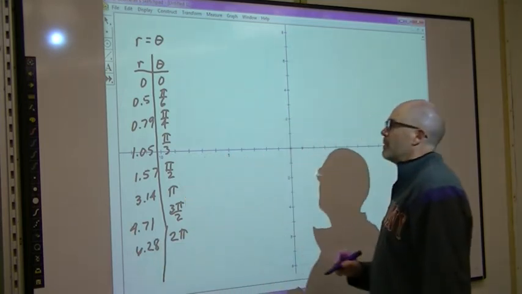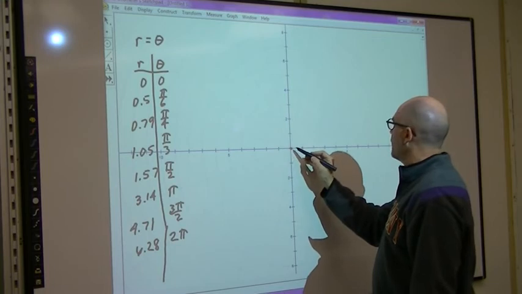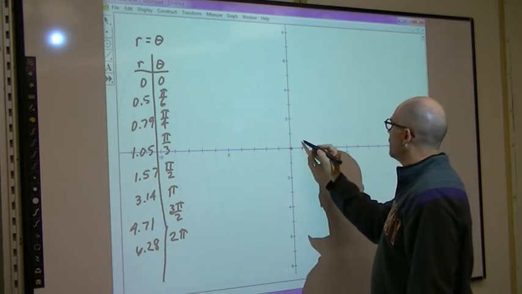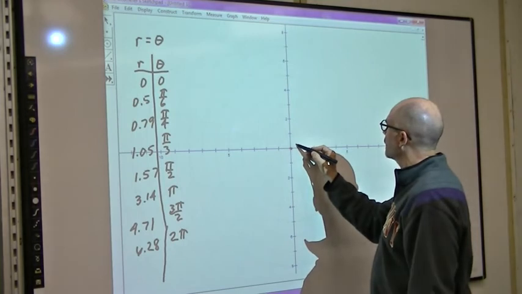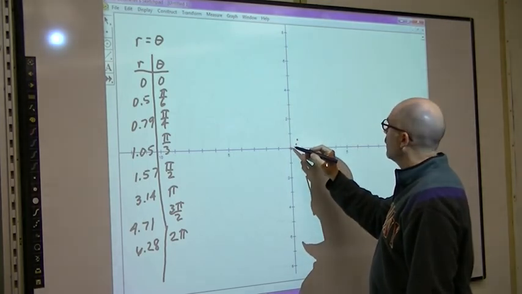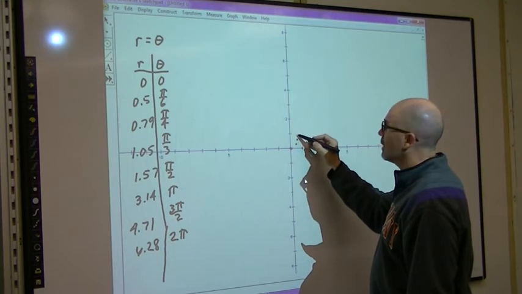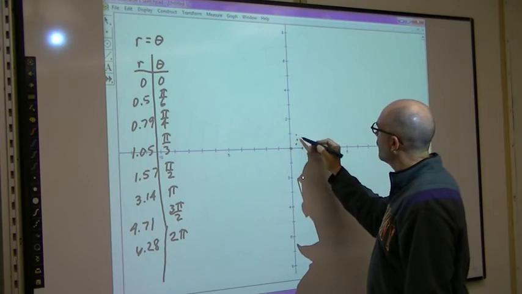All right, so what does it look like? 0, 0. 0.5 at pi over 6. Then 0.79 at pi over 4. Then 1.05 at pi over 3.